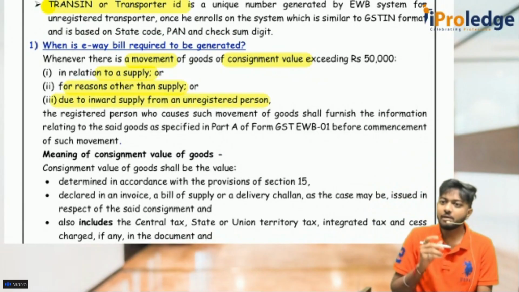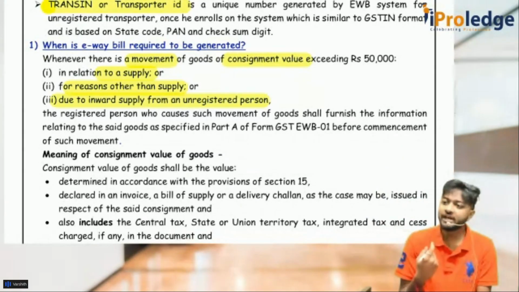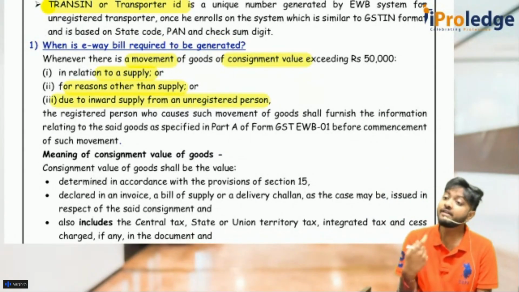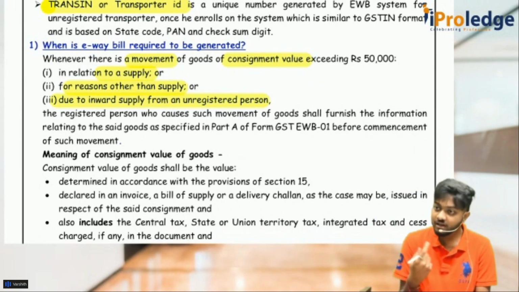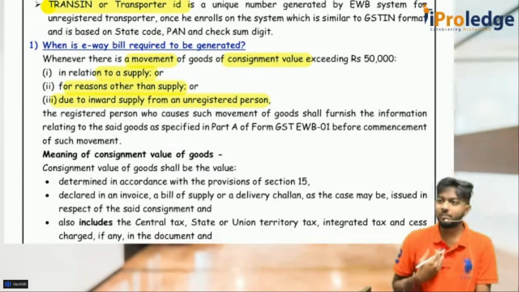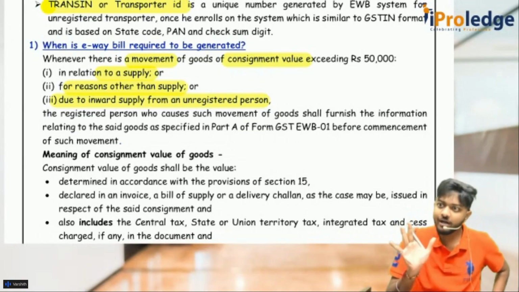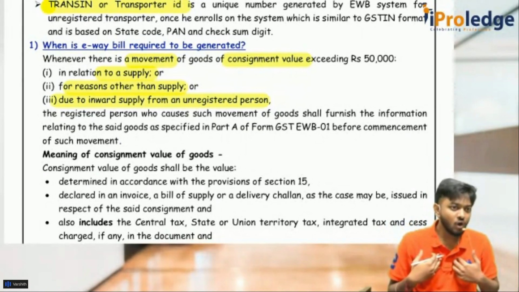Then, sir, sometimes what will happen? Generally, guys, an e-way bill should be generated by the person who is causing the movement, who is the reason for the movement. That guy is supposed to generate the e-way bill. Now say suppose I am the supplier and you are the recipient, both registered people. Who is causing the movement? Me, the supplier is causing the movement. He should generate the e-way bill. Sometimes what happens?